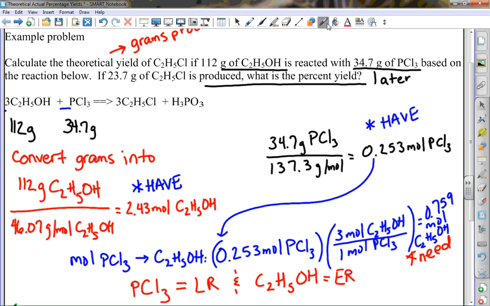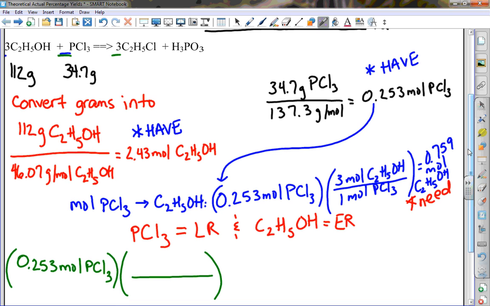We've got a ratio of 3 to 1. So we're going to have 3 moles of C2H5Cl for every 1 mole of phosphorus trichloride, and that's going to give you 0.759 moles of your product.